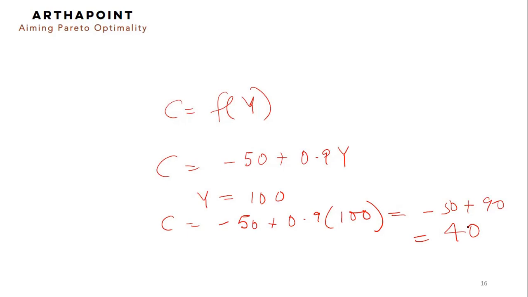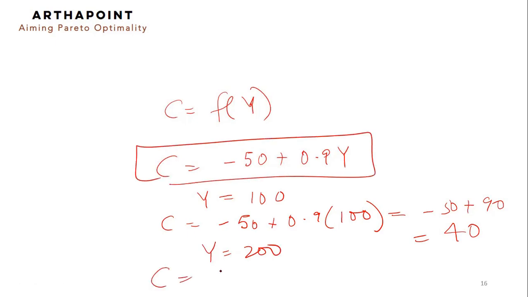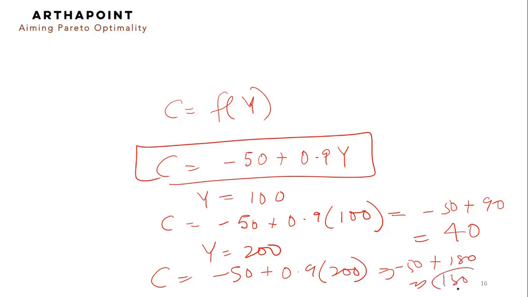And then I give you different values. So I ask you what happens when your income is 200. If income is 200, I will put it back in this equation. So minus 50 plus 0.9 into 200. So I will get minus 50 plus 180, which will be 130. This will be your consumption. Well enough.